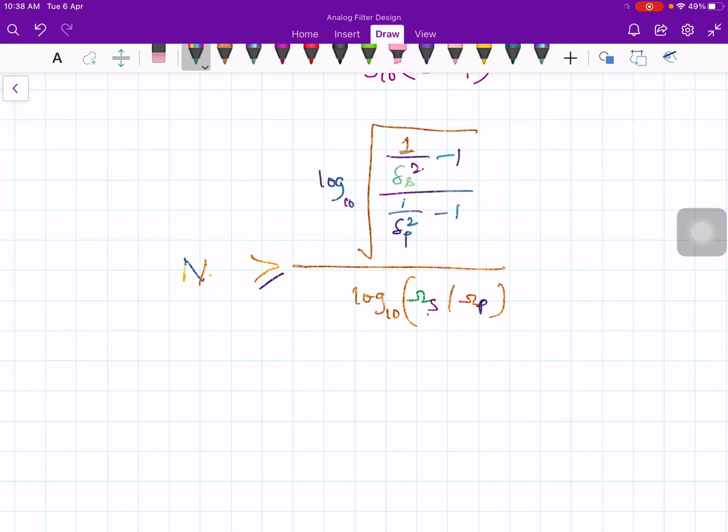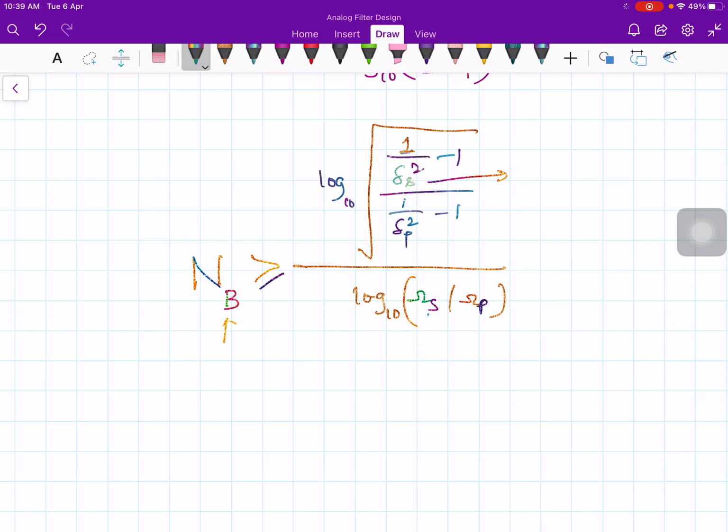Okay, because of reasons to be made clear a little later, this type of formula we will use. Let me call this capital N with suffix B, where this B indicates Butterworth. Okay, we will refer to it later also. So it is the ratio of two logs, and one of them contains tolerances in the pass band and stop band.